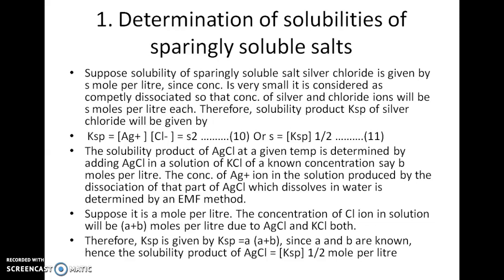Suppose it is A moles per liter, then the concentration of Cl- in the solution will be A plus B moles per liter due to AgCl and KCl solution both. Therefore, the solubility product Ksp will be given by Ksp equal to A into (A plus B). Since A and B are known, hence the solubility product of silver chloride AgCl will be determined in moles squared per liter squared.